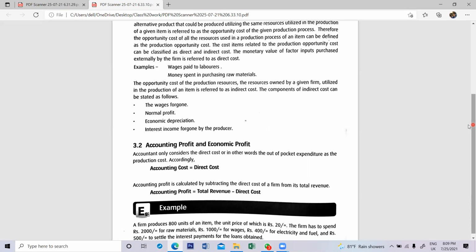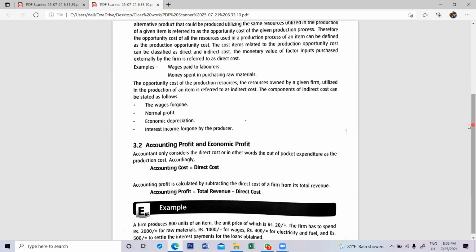You see, what is the reason here? The accountant does not take into account indirect cost, I mean the opportunity cost, when the production cost is calculated. But the economist calculates both explicit and implicit, in other words, direct and indirect cost. So the economist's cost of production is somewhat bigger than the accountant's cost of production.